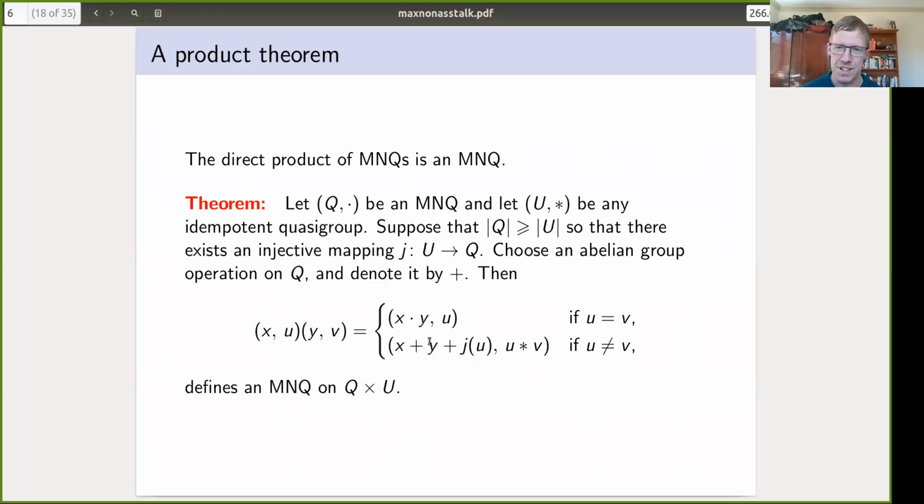The important thing to realize about this is that for this ingredient, you can use any idempotent quasi-group, which means you have all orders except order 2 available to you. It's kind of annoying that there is no example of order 2, and that's the reason that we get the exceptions cropping up in our theorem with that factor of 2, which prevents us using this construction in those cases.